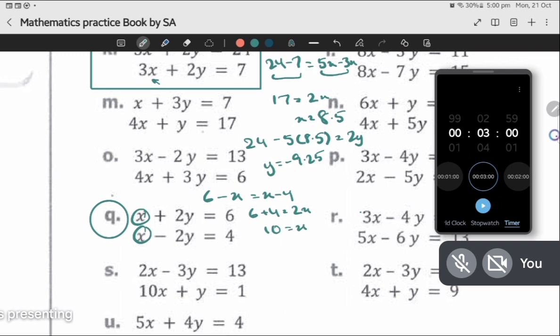So is x equal to 10 the answer? Check again. It's not true. You move this here and this here. Yes. So you get 6 plus 4 and x plus x.